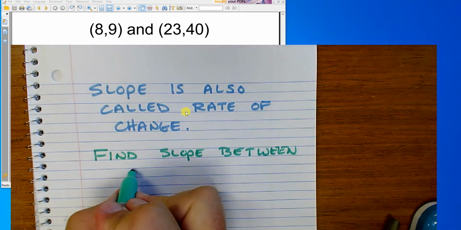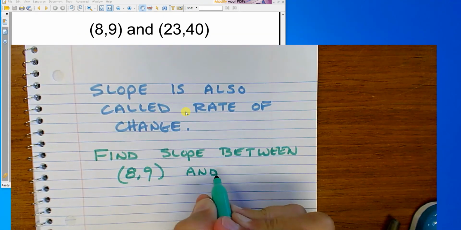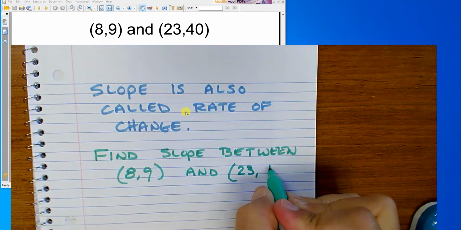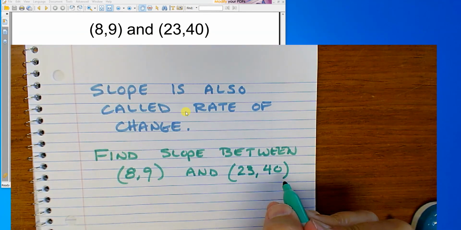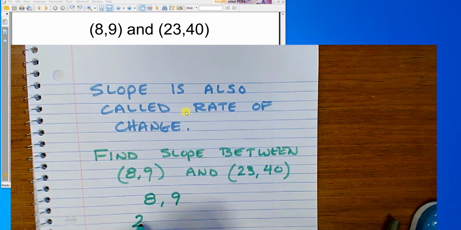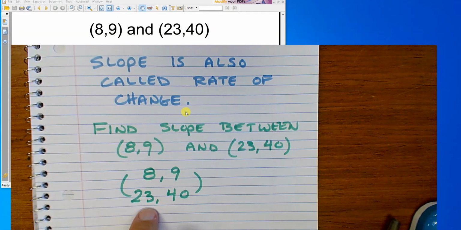Eight, 9, and 23, 40. So I'm going to stack those points. 8, 9, 23, 40. Tell me, how did it change? I was at 8 and now I'm at 23.